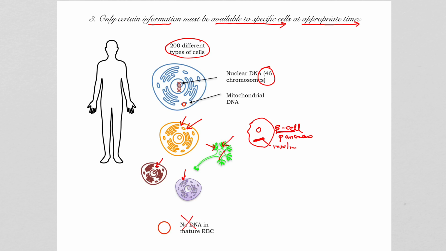It should not be accessible to the neuron or to the muscle cell or some other cell type. Okay, so it's very important that something in the DNA must allow certain information to be accessible, while other information should not be allowed for a certain cell type, and this information should be available at appropriate times.